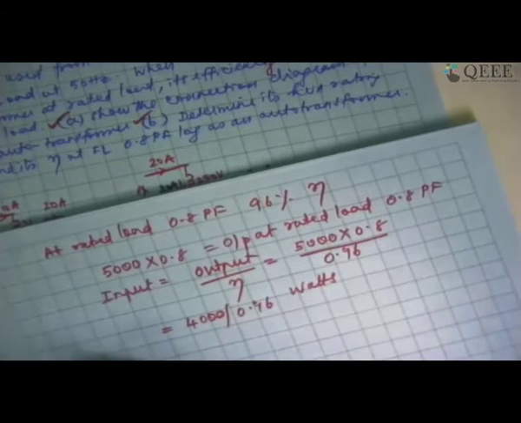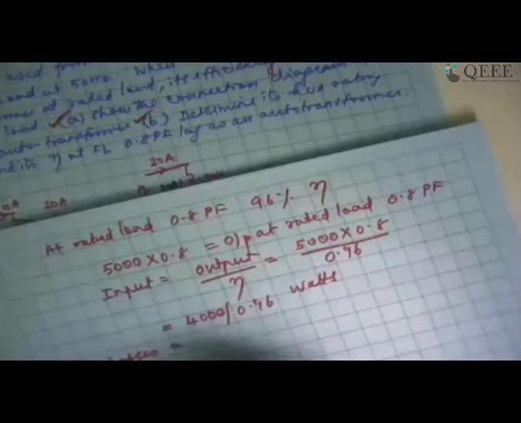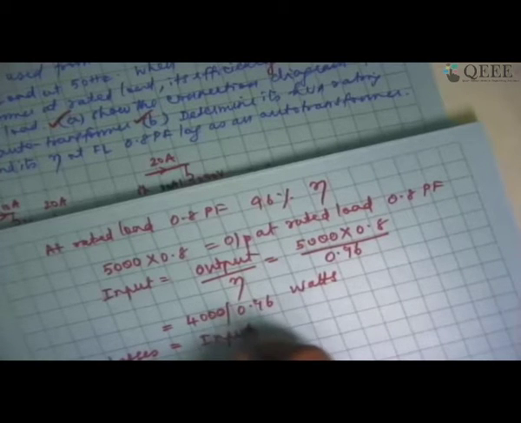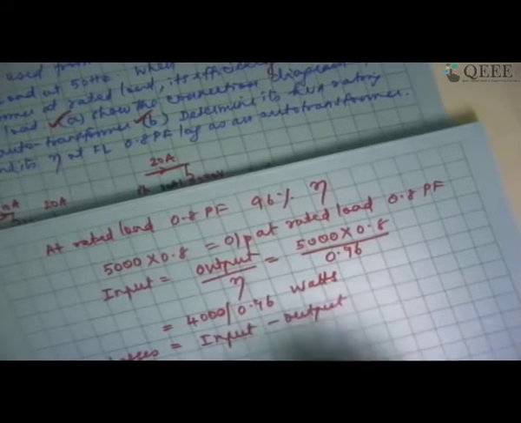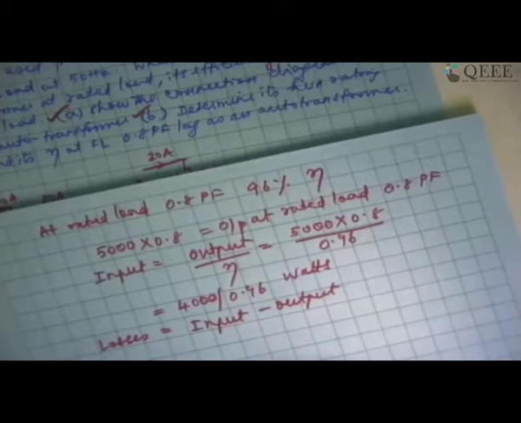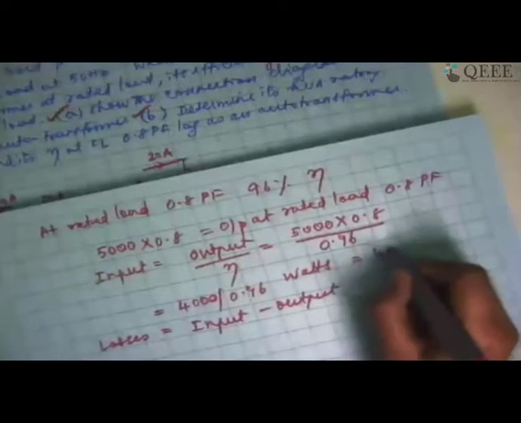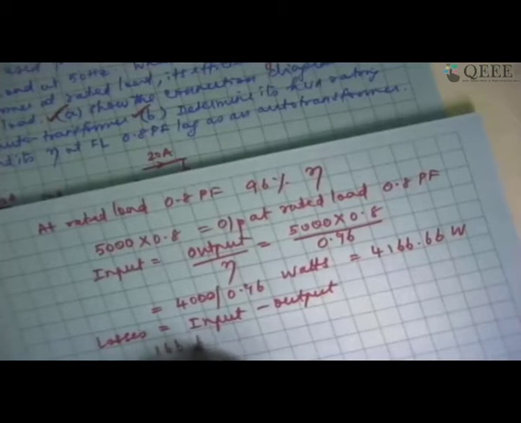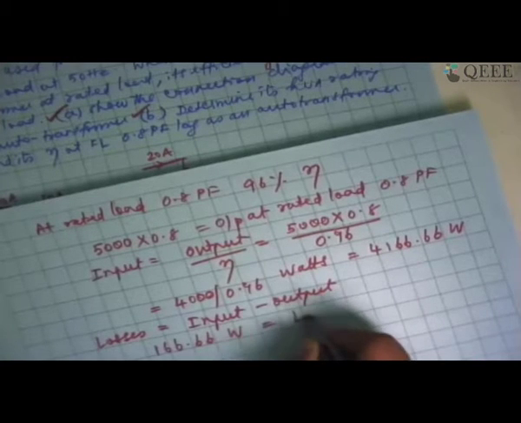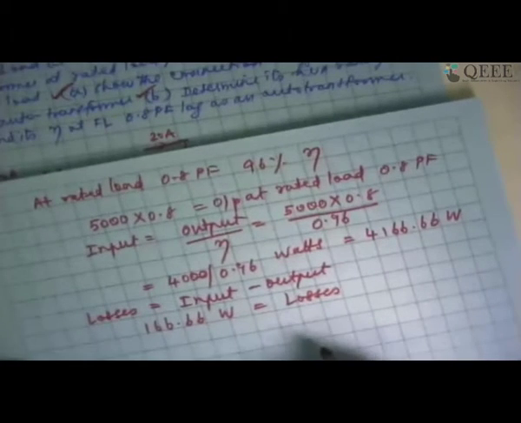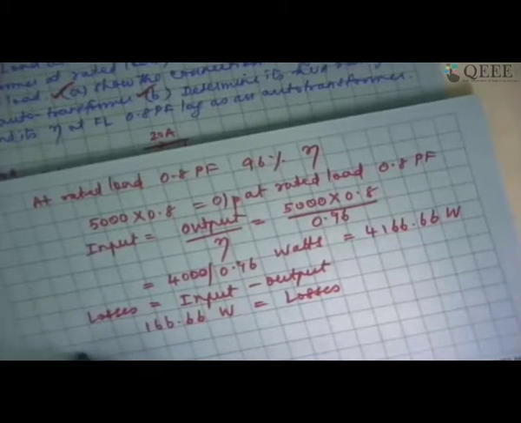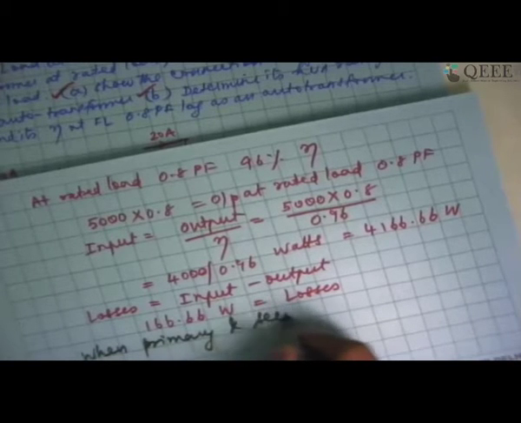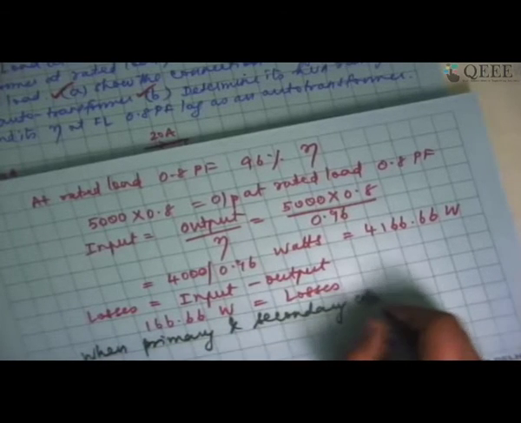So I can say losses will be equal to input minus output. Can you please calculate this and tell me? So this is 4166.66 watts, which means 166.66 watts will be the losses when primary and secondary are carrying rated current.